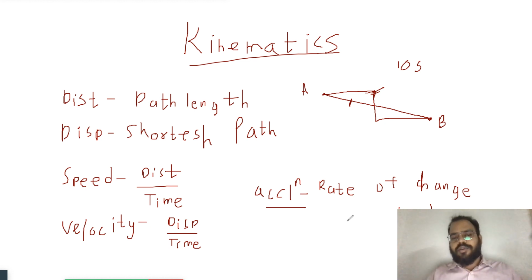Now these are some good sums, you will like them. So let's move to our first sum. Again we'll just recap all this. Your distance is your path length, displacement is the shortest path, speed is defined as distance per unit time, velocity is displacement per unit time, acceleration is rate of change of velocity. Let's move on to sums.